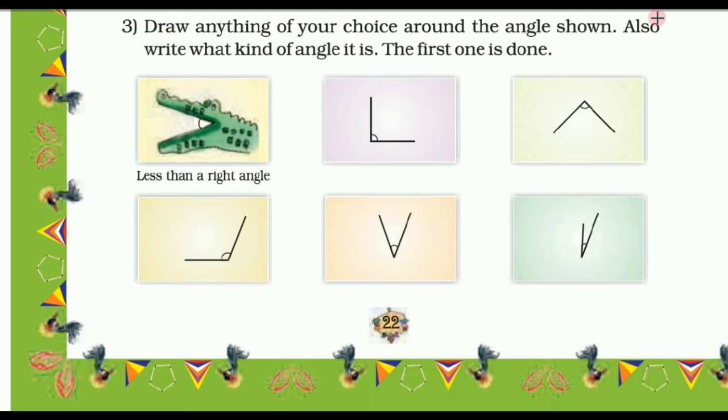So here the first one is done, that is made from a less than a right angle, that is an acute angle, and it is the mouth of a crocodile, and here written less than a right angle. So also we have to draw anything of our choice, and also we have to write what kind of angle it is. So let's do this all one by one.